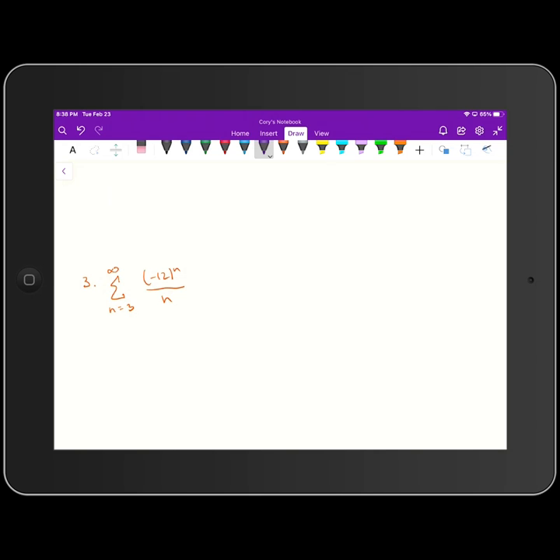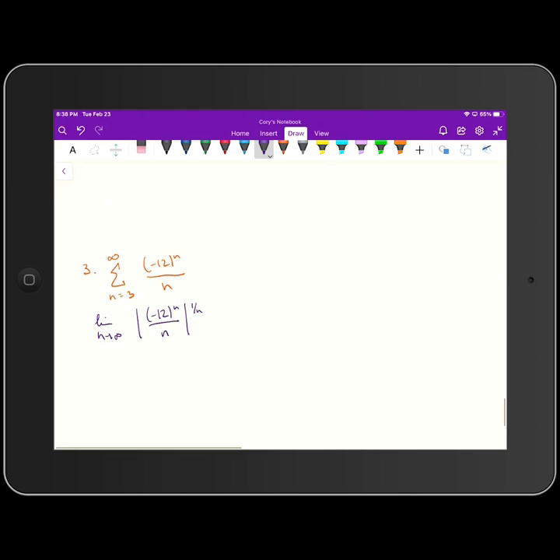All right, so for 3 here, we're going to take the limit as n goes to infinity of the absolute value of our formula, negative 12 raised to the n power divided by n. And then we're going to raise the absolute value of our formula to the 1 over n power.